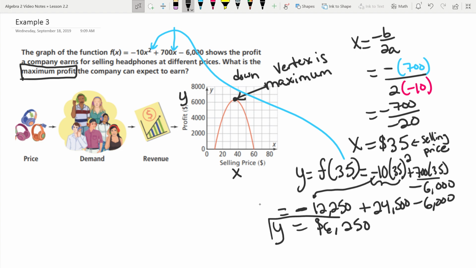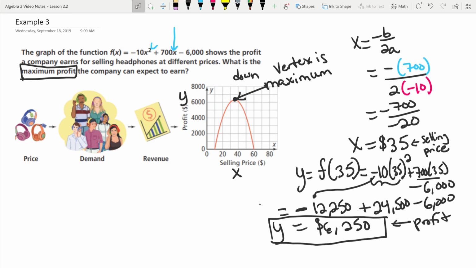So that's our maximum profit. So this is our actual profit. Which, if you look at the graph, kind of makes sense. It's a little bit above the 6,000, so about $6,250. Makes sense.